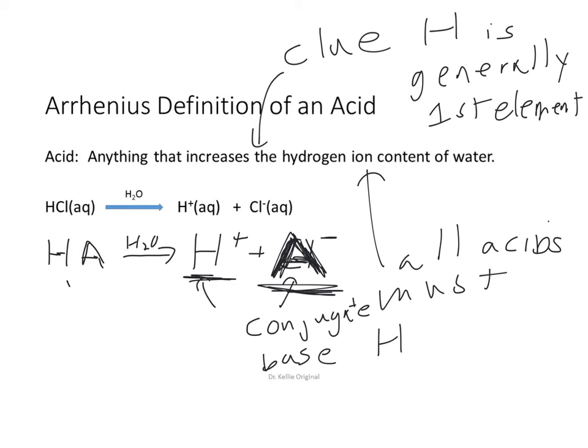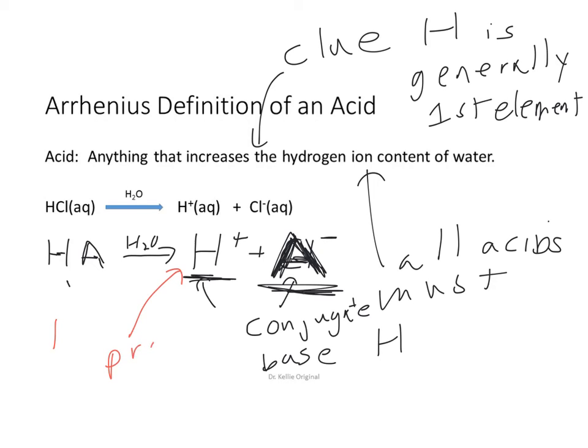This definition, which I believe may be the definition given to you by your book, creates a false impression. It says that an acid increases the hydrogen ion content of water. There's a problem with that. What is a hydrogen ion? A hydrogen ion is actually a proton, right? A hydrogen atom only consists of one electron and one proton.